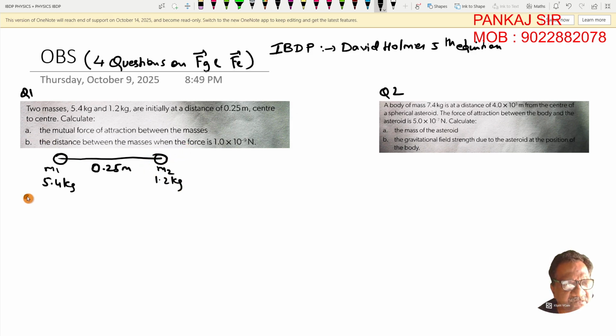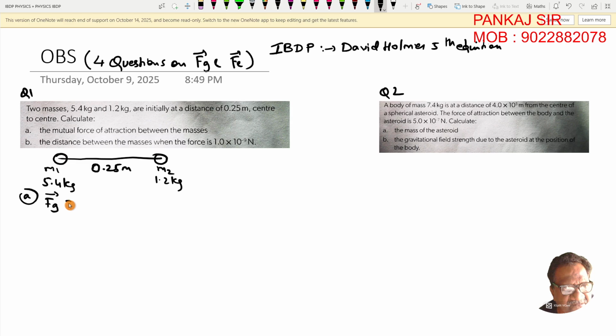Part A asks for the mutual force of attraction between the masses. The gravitational force is only a force of attraction, there's no question of repulsion. So you have to find the gravitational force of attraction between these two masses. I'll denote this force by Fg.